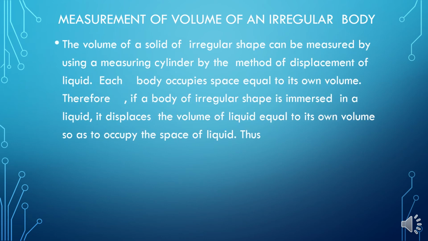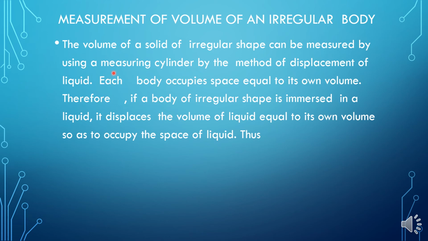The volume of a solid of irregular shape like a stone, or anything, can be measured using a measuring cylinder, which I have already told you about, by the method of displacement of liquid. In the measuring cylinder, what are we taking to measure the volume? Liquid.